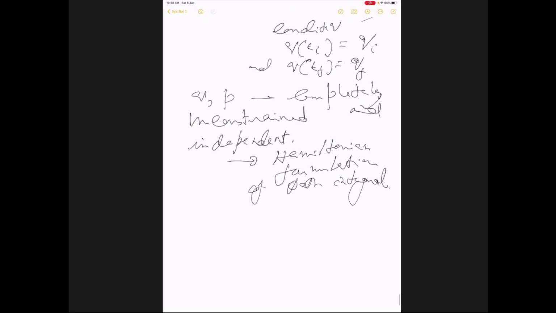And therefore, as I said, in the picture of P and Q, I am going from I to F, and it can go from any path like this, it can go to any path like this, so it's kind of going in its own thing.